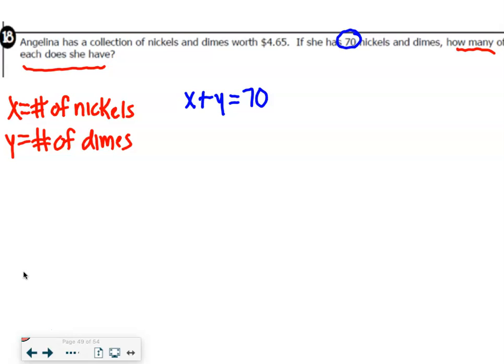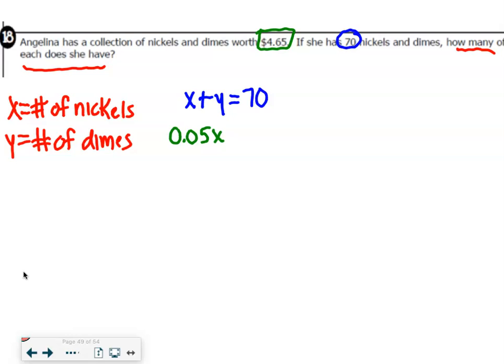Okay. And then we're also told that it's worth $4.65. Oh, perfect. Because of what? You guys, how much is a nickel worth? 5 cents. So how do I represent that using decimals or as a number? 0.05, right? 5 cents.